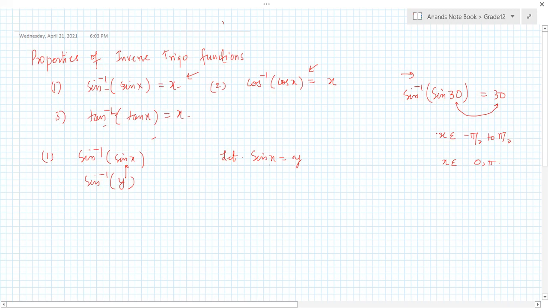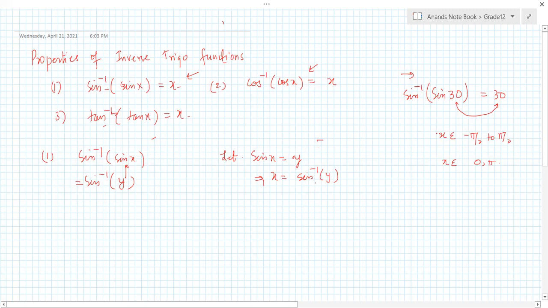So from this, what can you say? Sine x is equal to y means x is equal to sine inverse of y, isn't it? You're telling sine x is equal to y, that means x is equal to sine inverse of y. So here, sine x is equal to y, you put it, and you get the answer sine inverse of y.